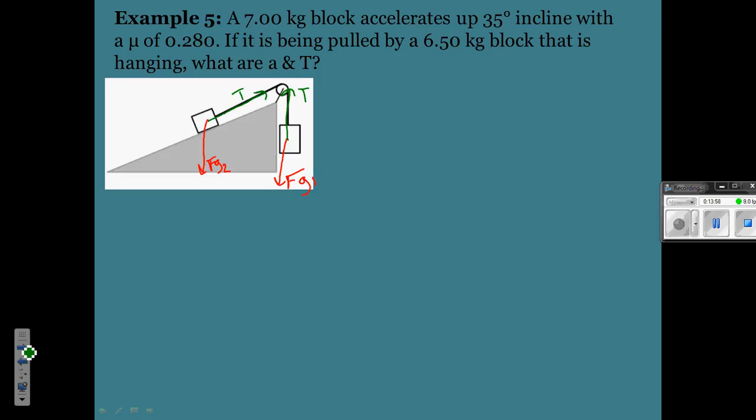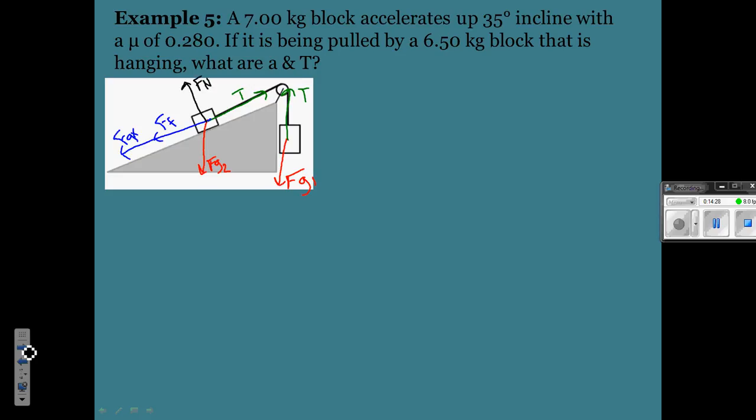Our F_g2 is not a part of the friction from the position that it's at, because remember, we are about to make things do some crazy stuff. We have an F_f that we have to account for and an F_gx, the x component, which is also the horizontal component. And then we have our F_N, which is still up here.